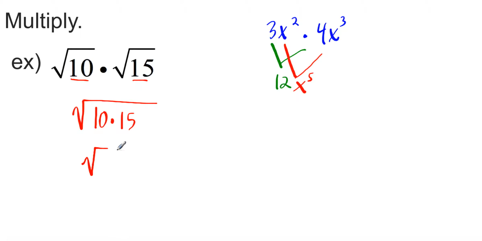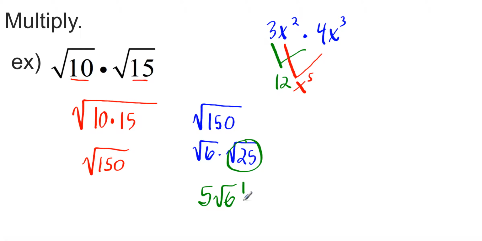And if you remember your divisibility rules, 150 ends in 0, so it may make you think about multiples of 5 and 10. All right, this works out great because the square root of 25 is a perfect square. It's 5, and you bring down the 6, the square root of 6.